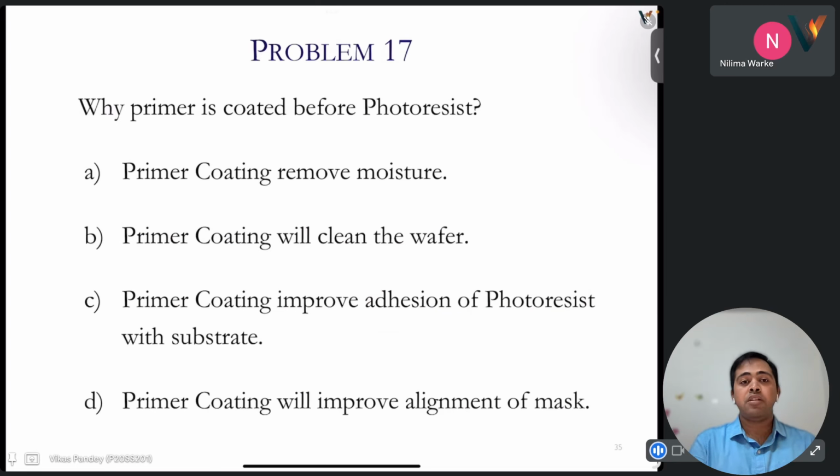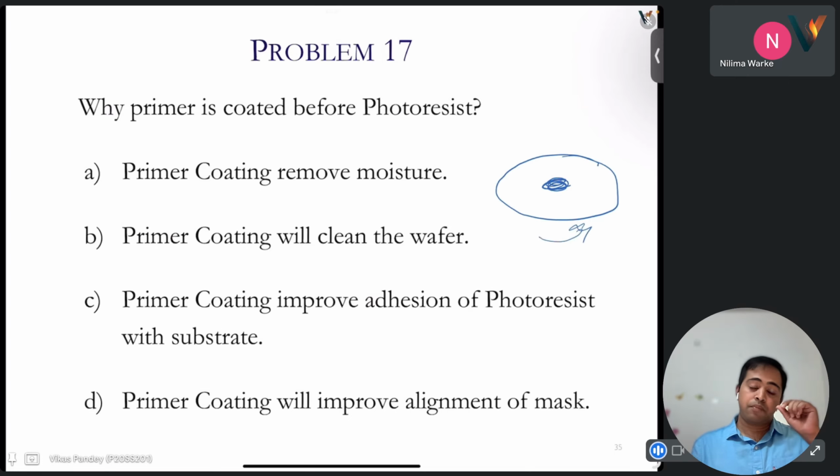Now, why is primer coated before photoresist? Whenever we talk about photoresist, we are putting photoresist here and then spin coating. But many times you will see that before photoresist, which is a thick liquid, a transparent, very thin primer is used.